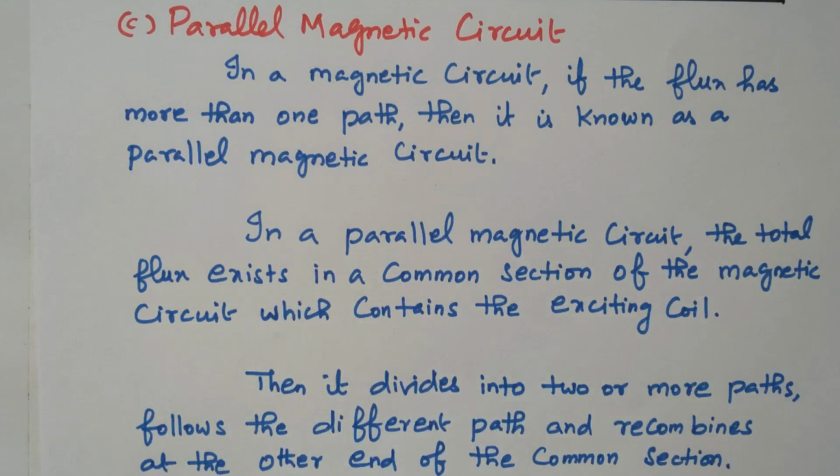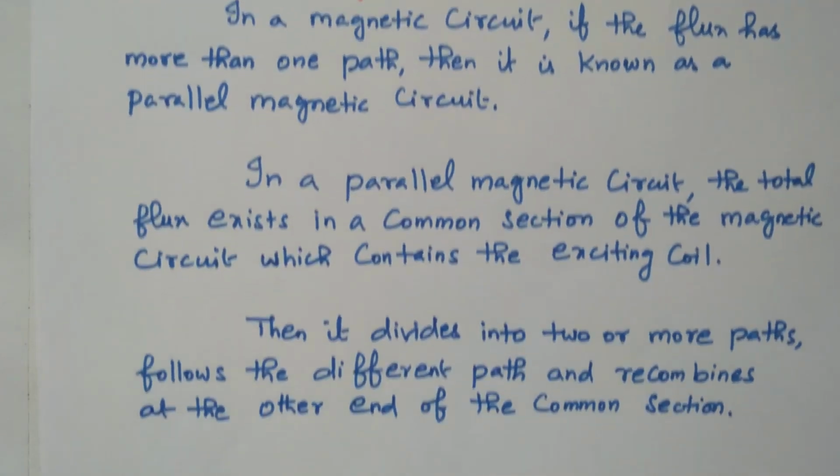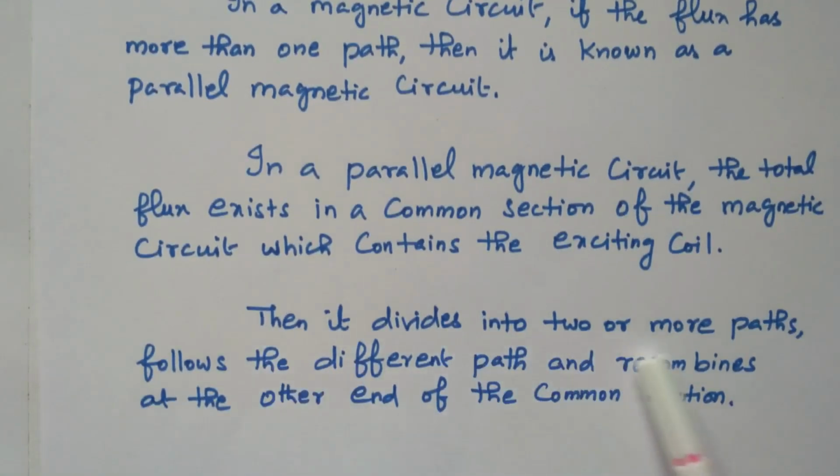After that it is divided into two or more paths, follows different paths and recombines again at the other end of the common section. So at the common section the exciting coil will be there and the total flux will be available. Thereafter the flux is divided into two different paths, and at the other end it is recombined.